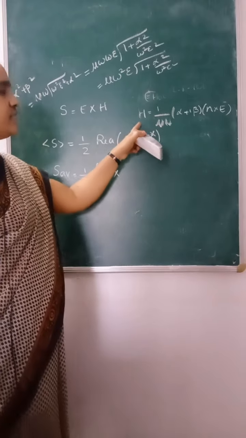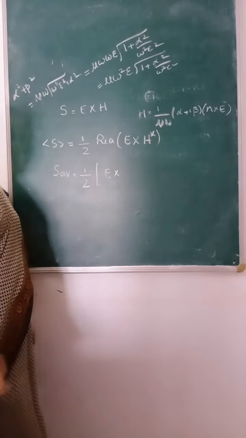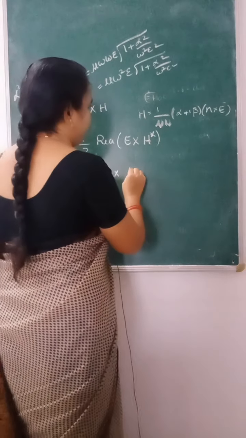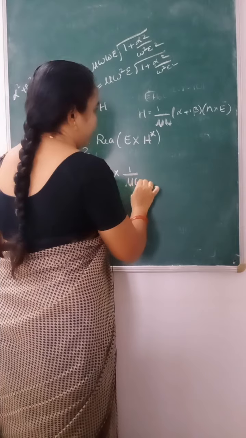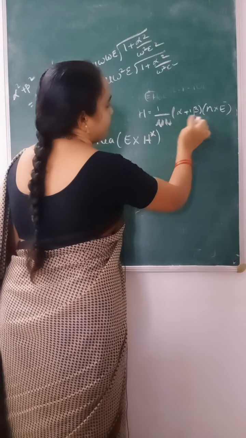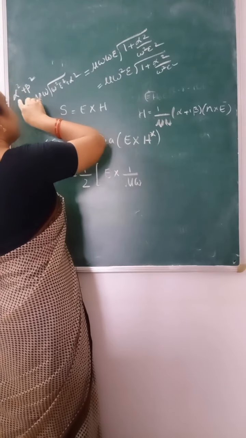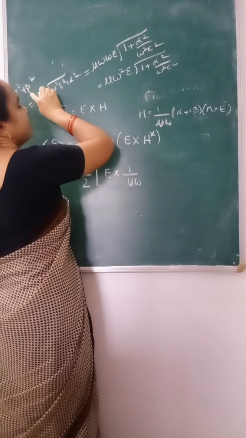So here, what is H? H is equal to 1 by mu omega, and the modulus of this one is root of alpha square plus beta square. So we have found alpha square plus beta square.